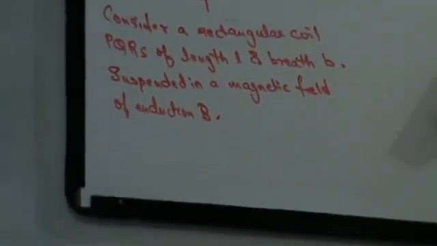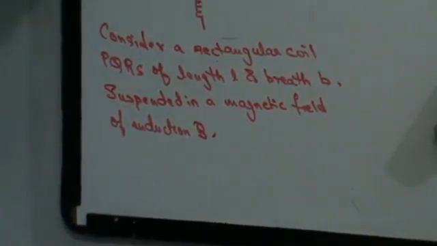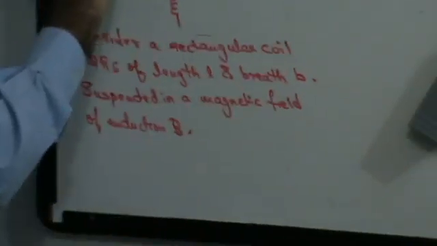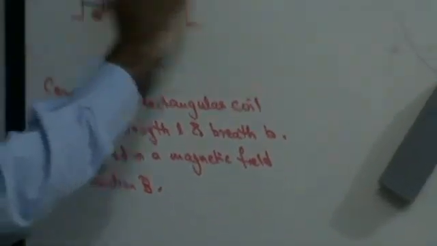Now let's try to find out the forces that are going to be acting here. Initially the plane of the coil is parallel to the field. This is your plane of the coil. It is parallel to the magnetic field. Guys, see this. The plane of the coil is straight. The field is also straight.